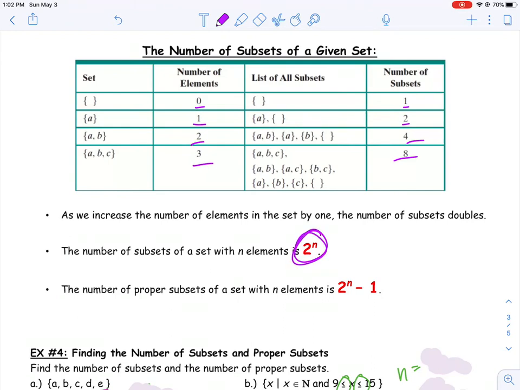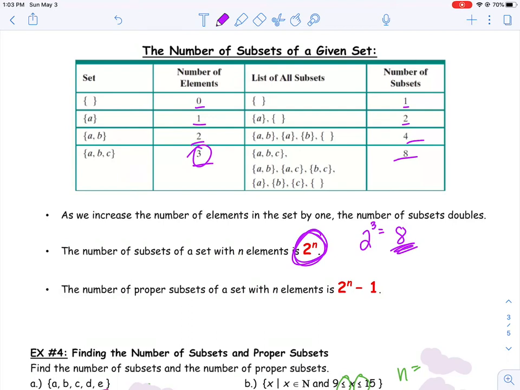Well, if you cheated, if you look down here, we actually have 2 to the nth power, where n is the number of elements in our set. So if I have 3 elements in my set, I could say 2 to the 3rd power, 2 times 2 times 2, which is 8, would be the number of subsets I would have.